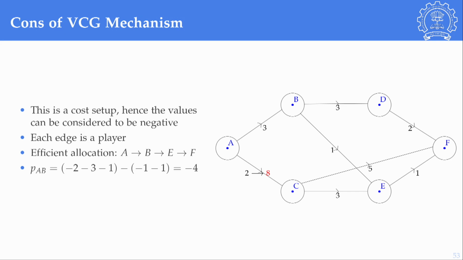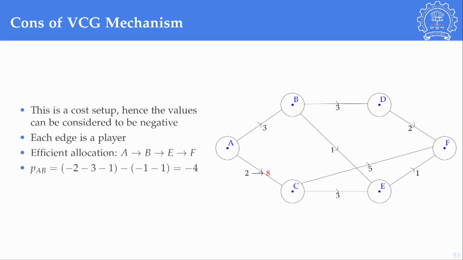So this is the cost setup, and every agent should get paid now. You are using their delivery network, so you will be paying them. How much payment should the edge AB get under this VCG mechanism? The first term is when that agent is not present, in which case the shortest path will be ACEF.